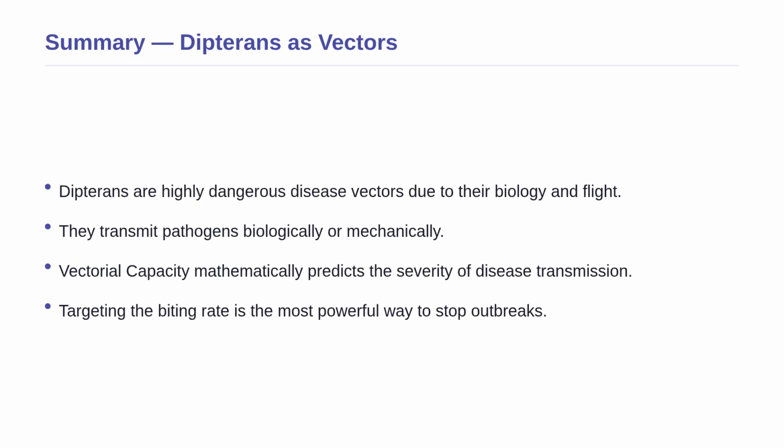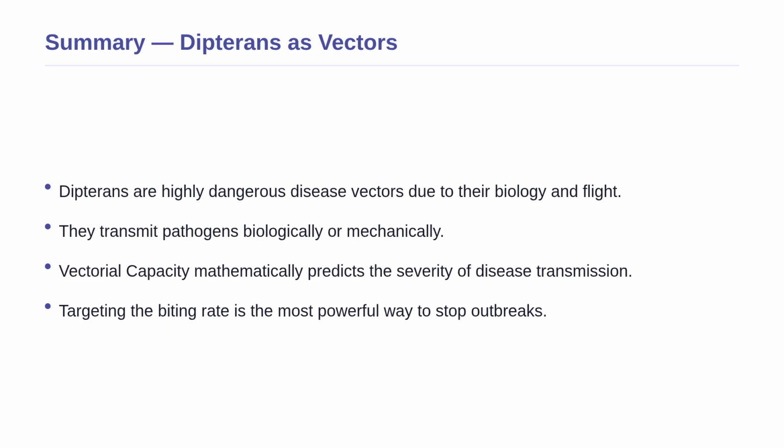We have covered a lot of ground today, so let us review our key takeaways. First, we learned that dipterans, with their unique single pair of wings and halters, are among the most dangerous animals on the planet due to their role as disease vectors. Second, we saw that they can transmit pathogens biologically, like the malaria-carrying Anopheles mosquito, or mechanically, like the common housefly.